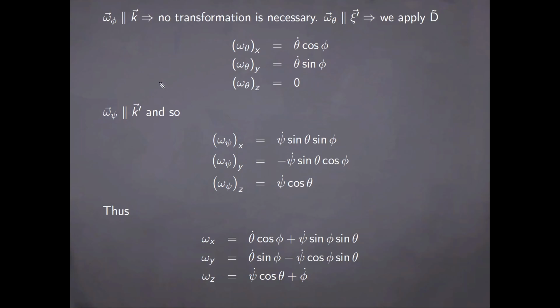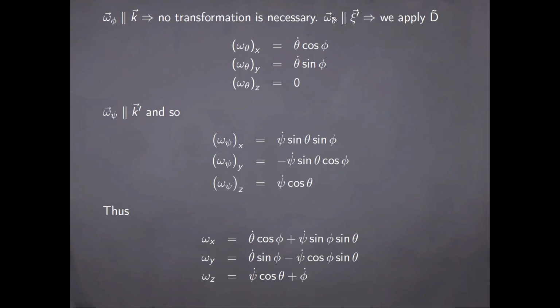Conversely, we could write these components in the laboratory set of axes, and things proceed somewhat in reverse. For example, in this case, as the rotation with the angle phi is parallel to the z-axis, no transformation is necessary.